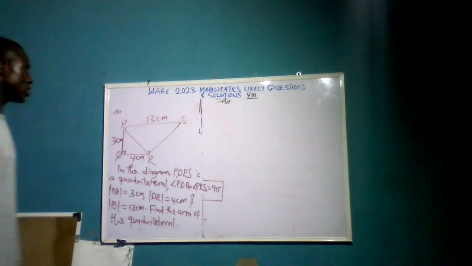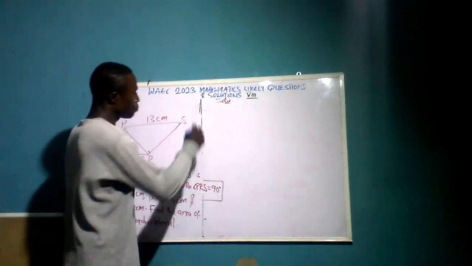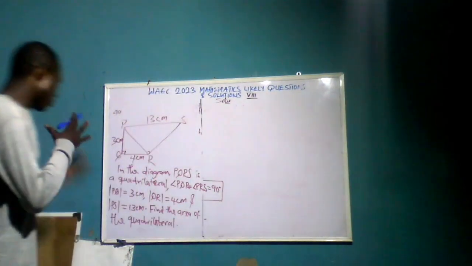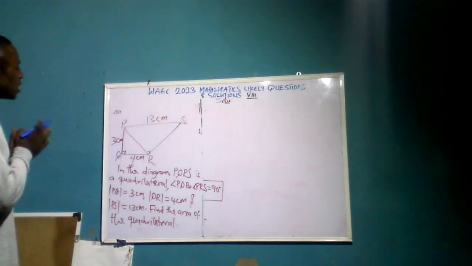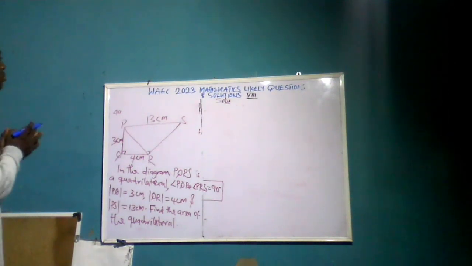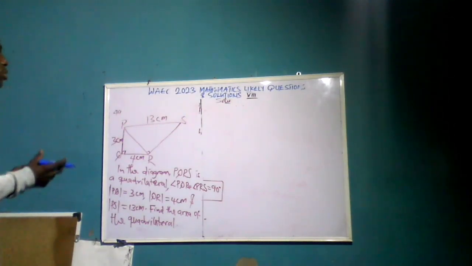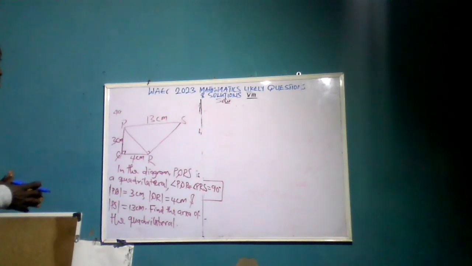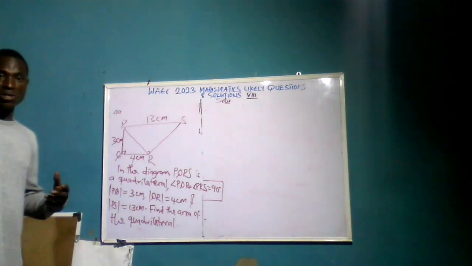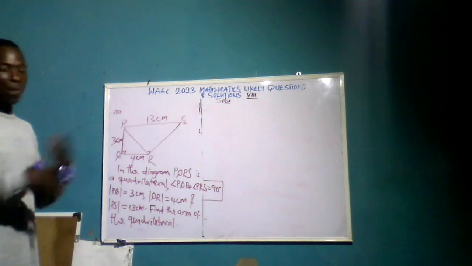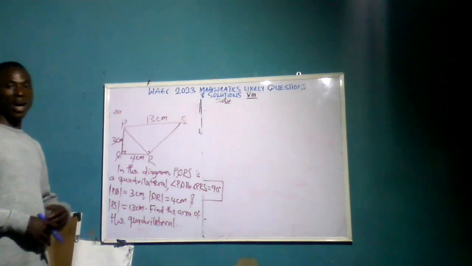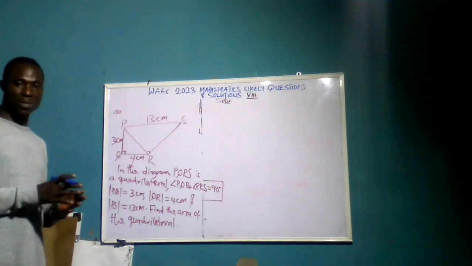Okay, first and foremost, viewing this quadrilateral, you can see that there are two triangles in this quadrilateral. If you are able to get the areas of these two triangles and sum it up, you can get the area of the quadrilateral. I'm trying to give you the clues before I move on to solve it, so that you will know why I am taking the steps I'm going to be taking one after the other.